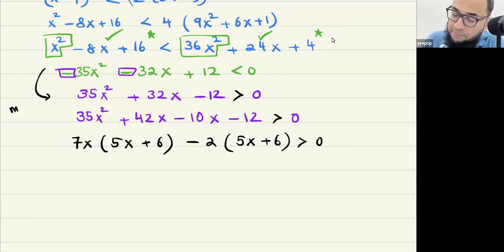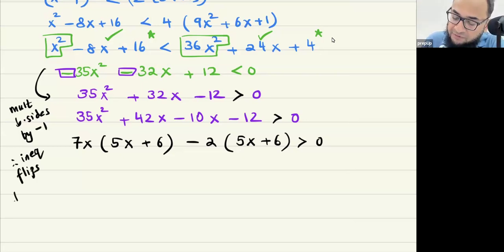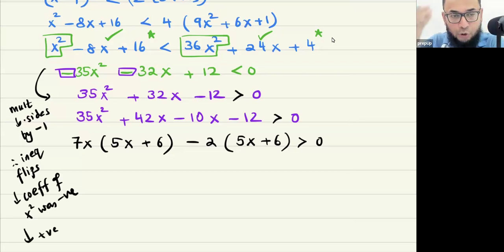So multiply both sides by negative 1, therefore the inequality flips. Inequality flips when the coefficient of x squared was negative and we made it positive. So that is the note that you need to understand.